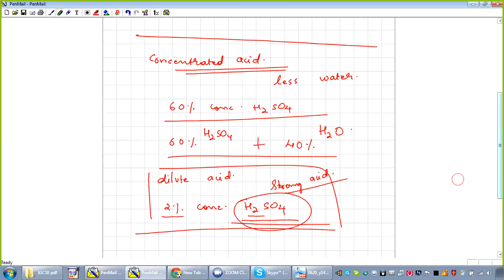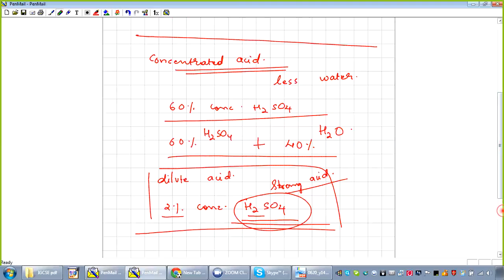So a strong concentrated acid basically means a mineral acid: HCl, H2SO4 and HNO3. And when I say concentrated acid, it means a large amount of acid and a less amount of water is present.